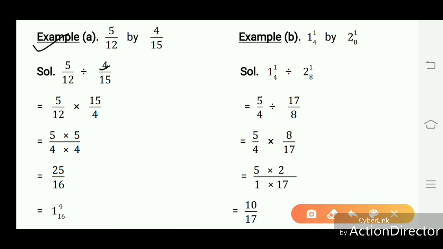Here 12 and 15 are divided by 3. 3 4s are 12 and 3 5s are 15. So 5 multiplied by 5 and 4 multiplied by 4. When we multiply 5 into 5 we get 5 5s are 25, and when we multiply 4 into 4 we get 4 4s are 16. And when we write this improper fraction 25 upon 16 in a mixed form, we get 1 whole 9 upon 16.